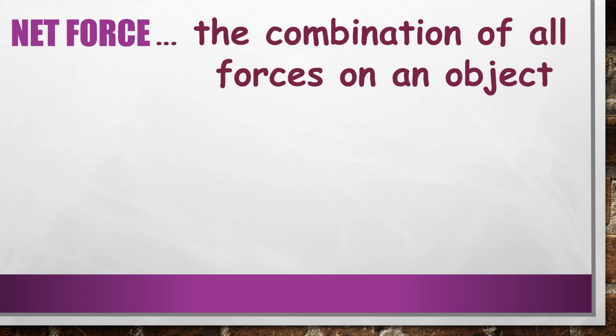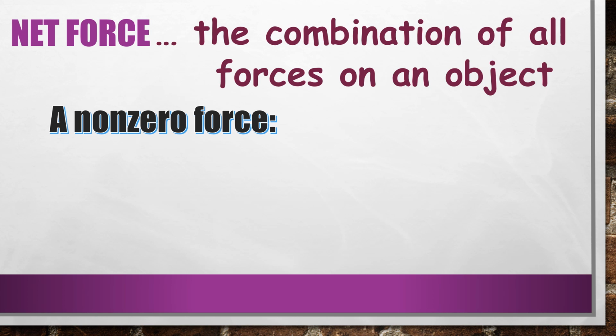So if I have a specific force, then I talk about the next topic, which is a net force. A net force is combining all forces together on a specific object and then determining what direction the object might go. The book talks about a non-zero force.